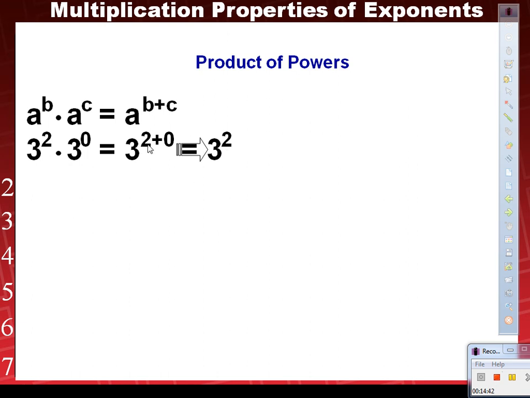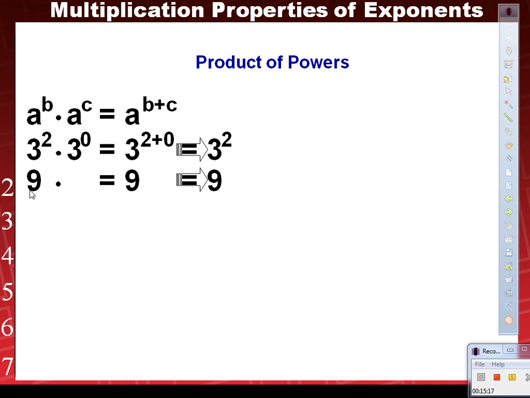What is this? What is that? Okay, so therefore, question. 9 times what gives me 9? Everyone. 1. Okay, so question. What is 3 to the 0? Well, you just said 1.